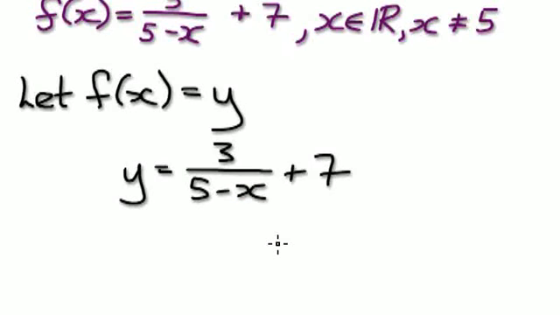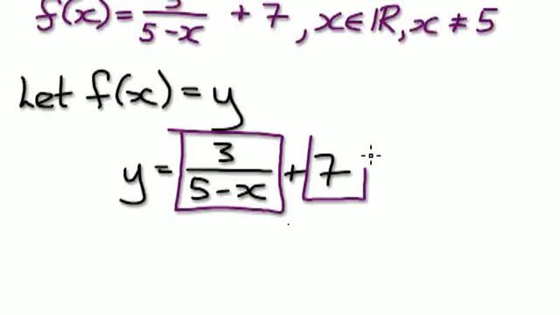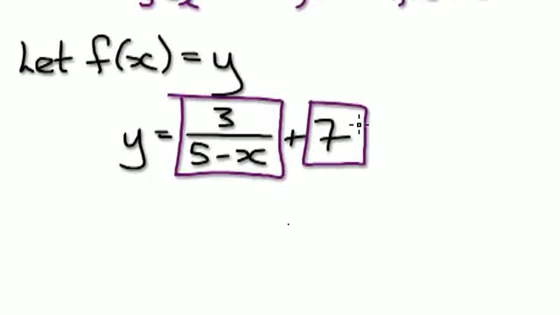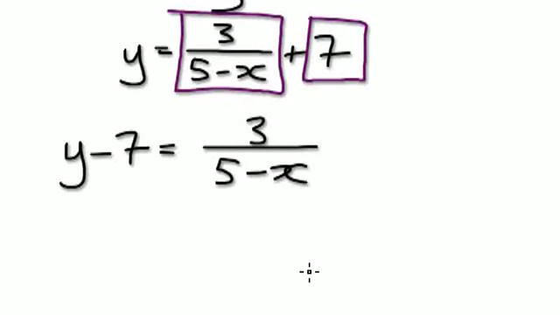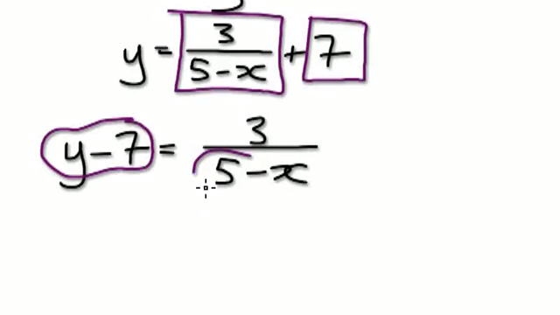So imagine this as being one block adding this block here. So kill off this block. Inside your mind, take away 7 from both sides. So it will be y take away 7 equals 3 over 5 minus x. Okay, and then imagine this as being a bubble, equal 3 over this bubble.